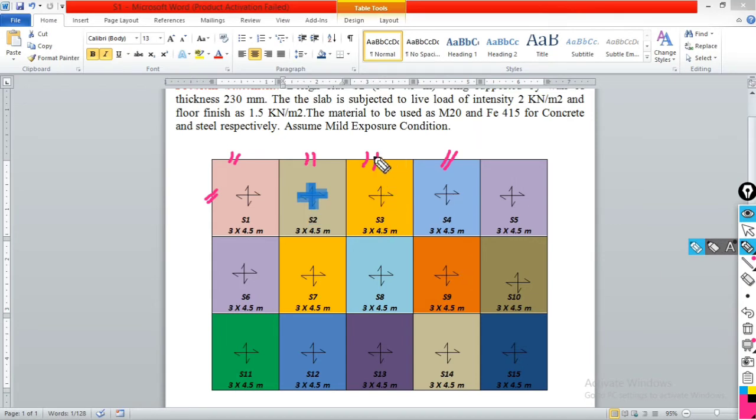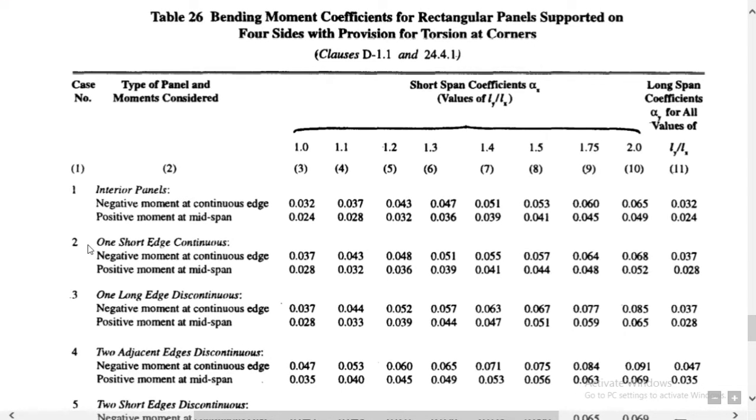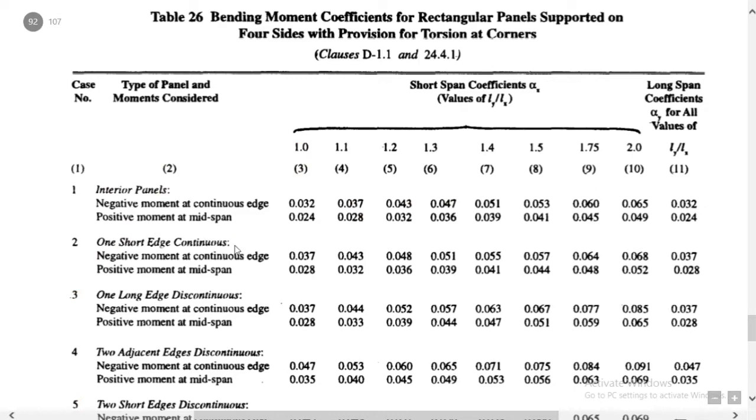For the same slab we can say either one short edge is discontinuous or one short edge is continuous. So the second slab falls under the category of one short edge continuous.